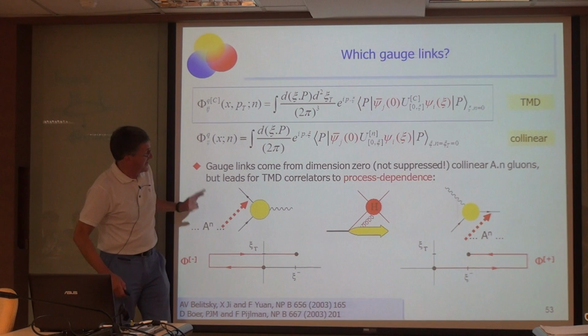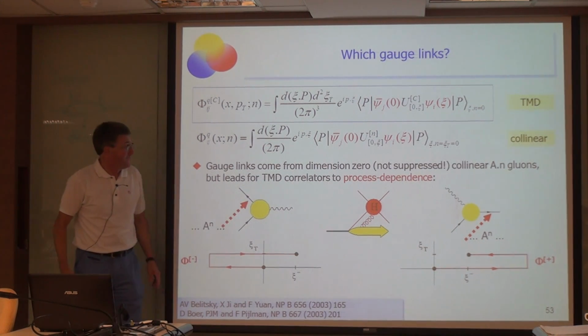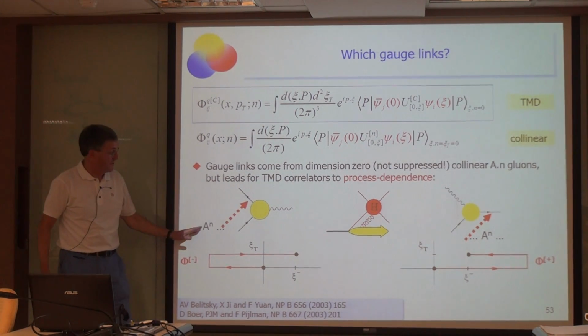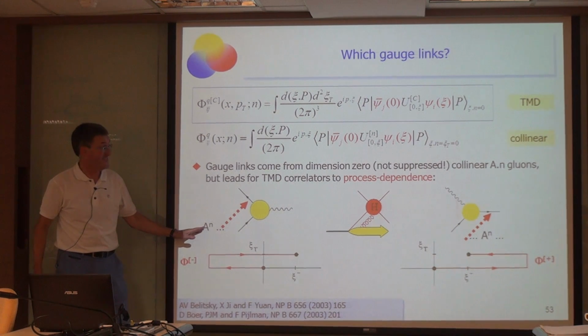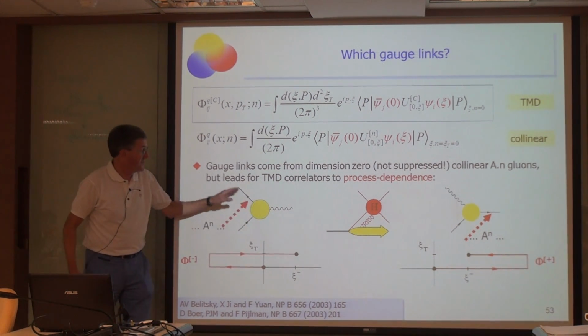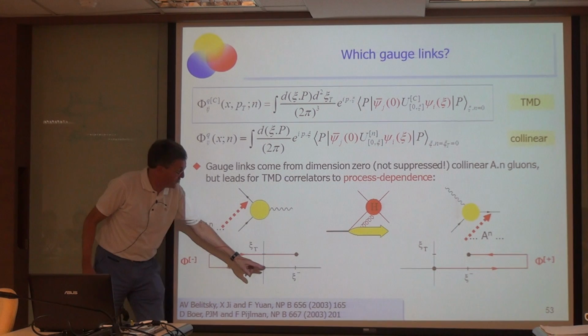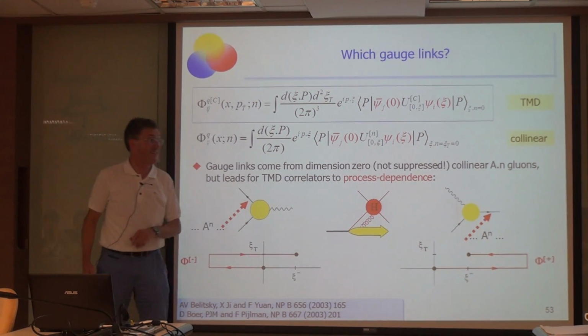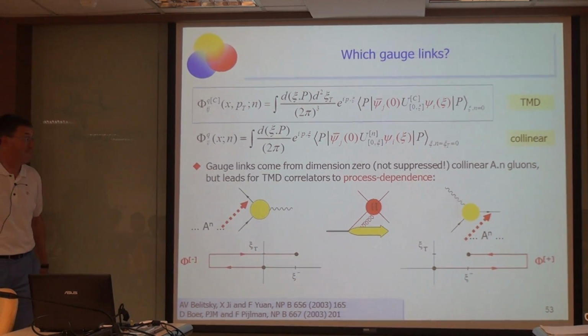That's actually what is precisely happening. Let me skip this. You do the calculation, and you see that these gluons with longitudinal polarization in a Drell-Yan situation produce these 2 gauge links going to minus infinity and back.